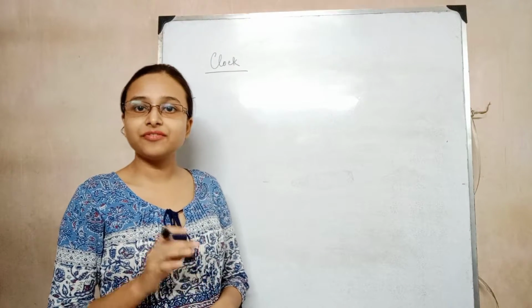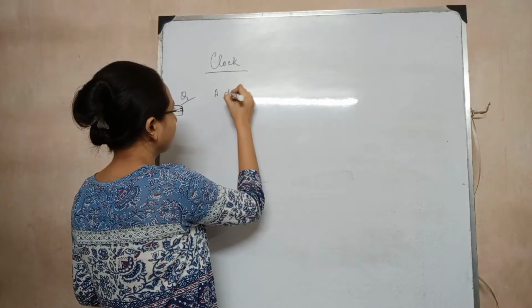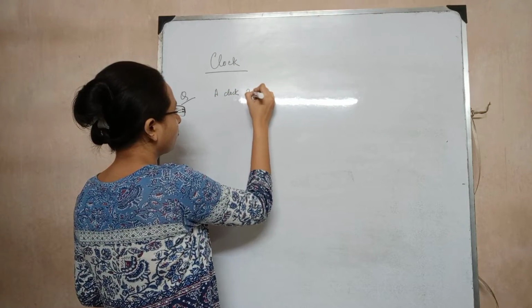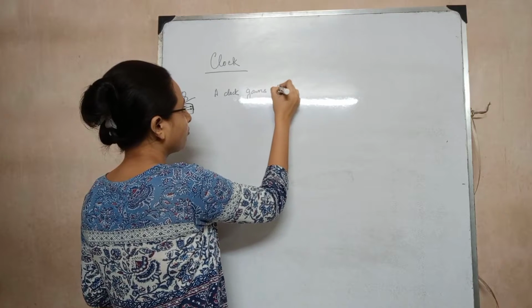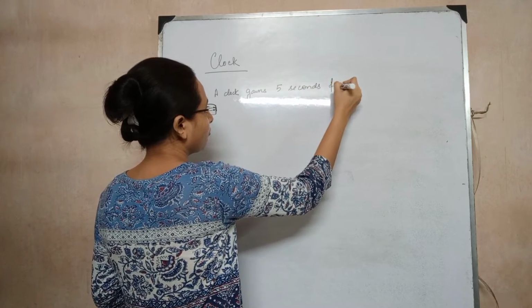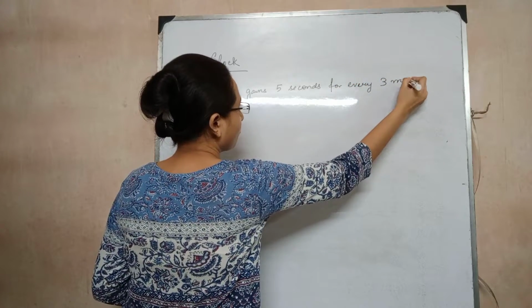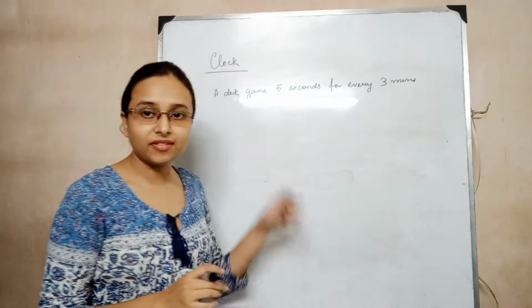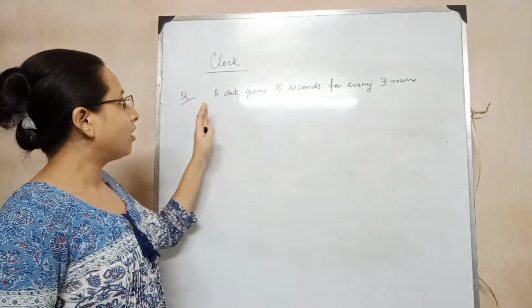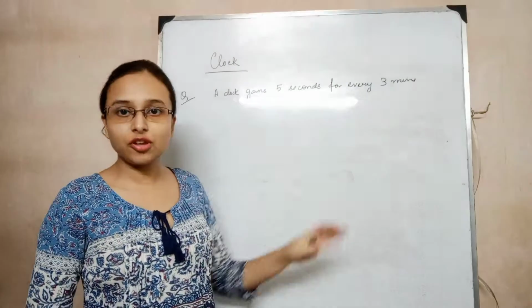A clock gains 5 seconds for every 3 minutes. Okay, this is the first line of the question. The question is, a clock gains 5 seconds for every 3 minutes.